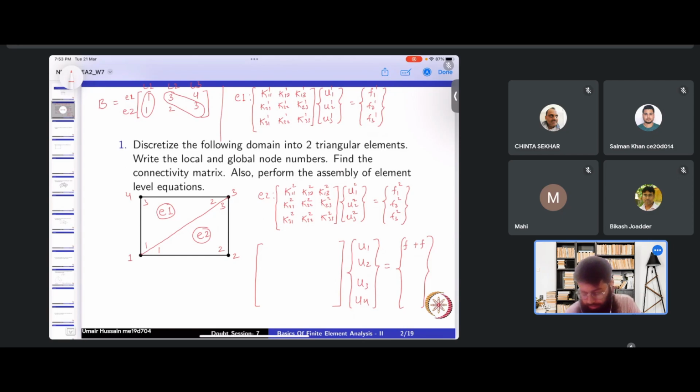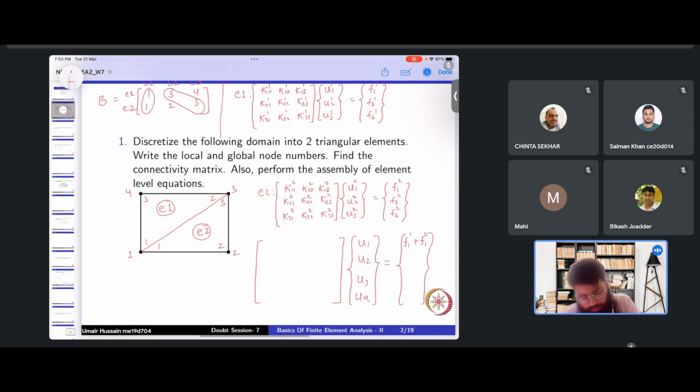So we have the first node of the first element and also the first node of the second element. Those are the two contributions for the force vector. And at the second node, we just have one contribution, that is from element 2.